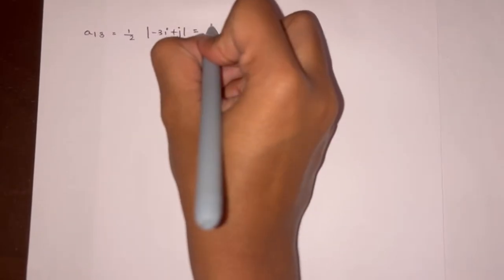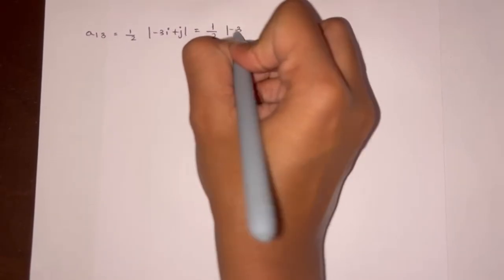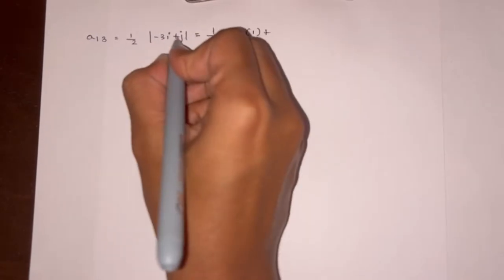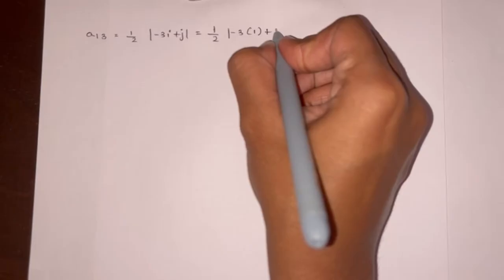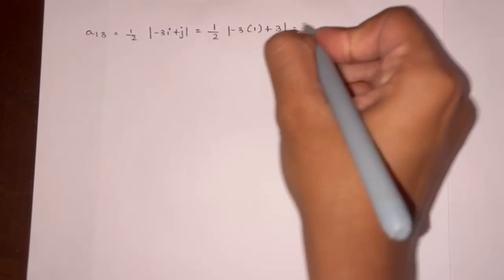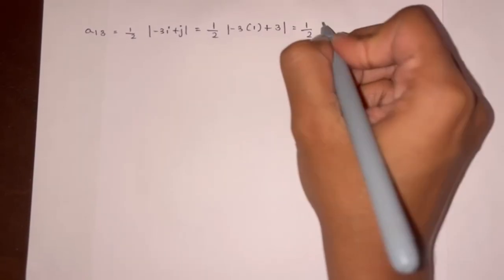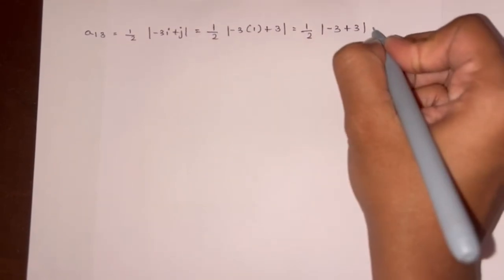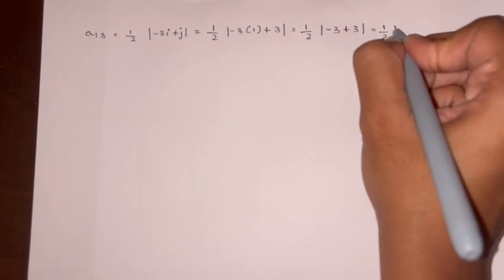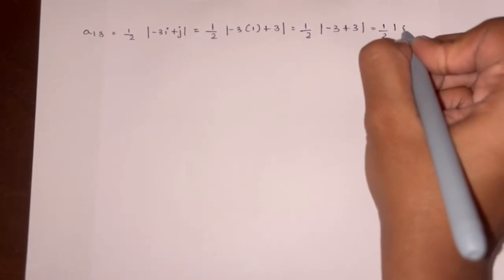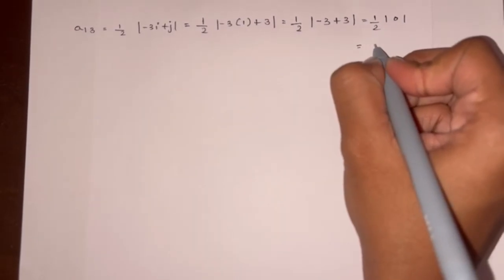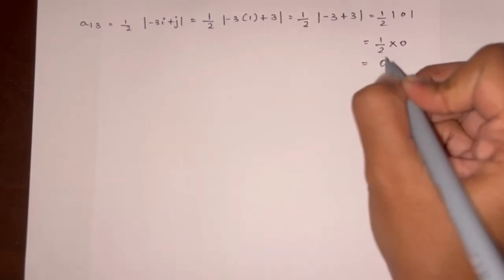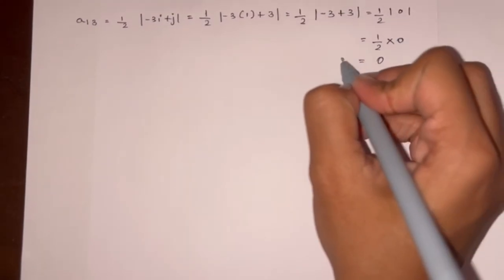So 1 by 2 mod of minus 3, in place of i we are writing 1, plus in place of j we are writing 3. 1 by 2 mod of minus 3 plus 3, which is nothing but 0. 1 by 2 into 0, anything multiplied by 0 is 0. So the value of A13 is 0.